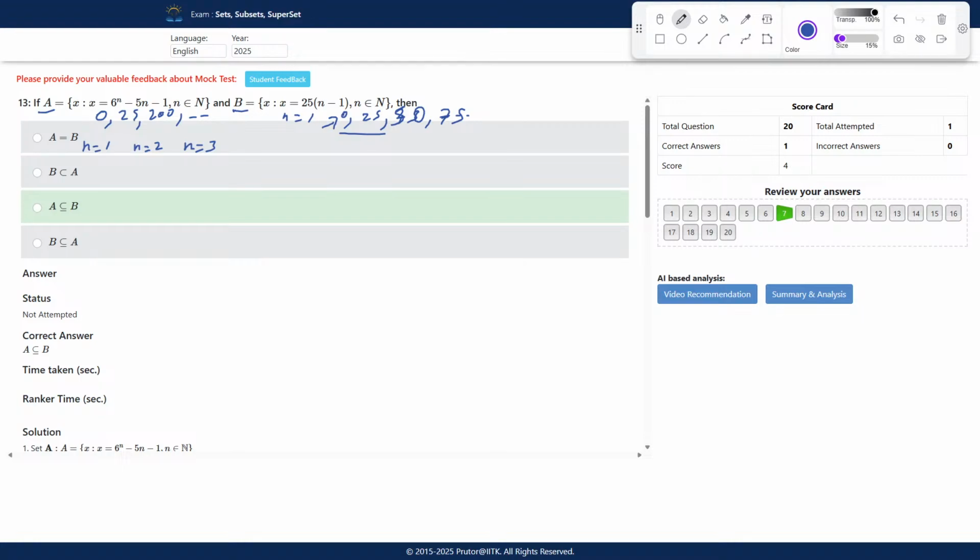Here we have elements of this form, which are not all multiples but selected multiples of 25. Clear? Here we have all multiples, and also an extra element 0, so all multiples union 0. So with extra elements, this B set will be our superset.